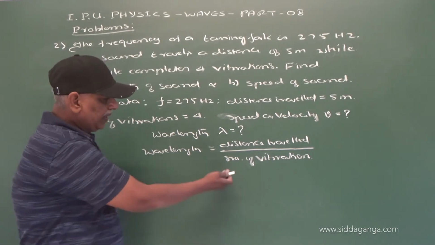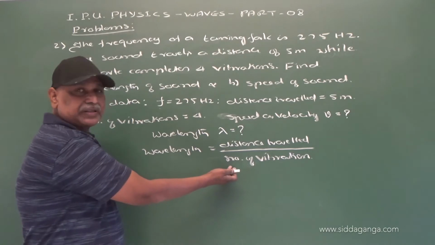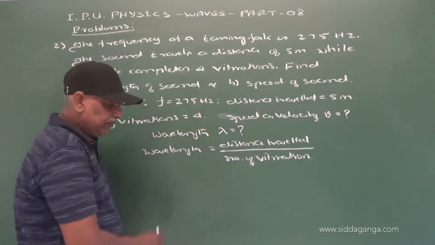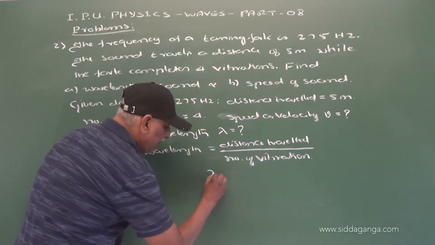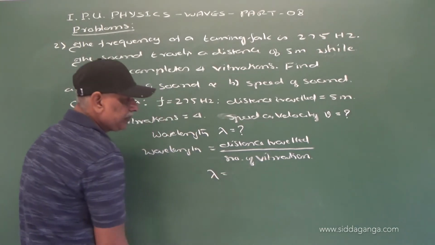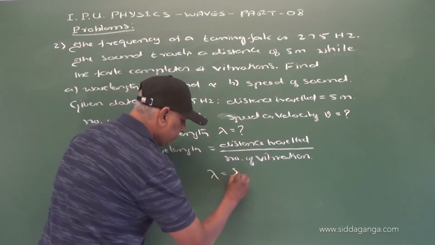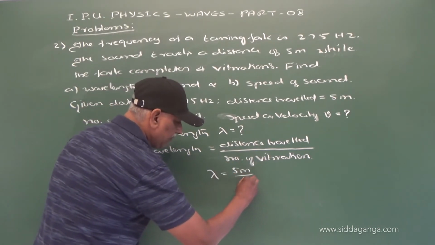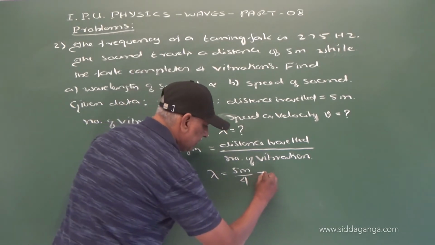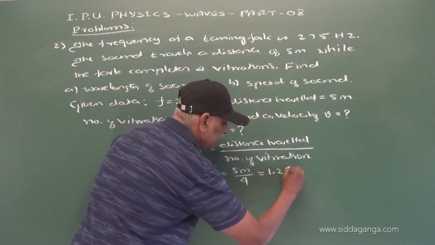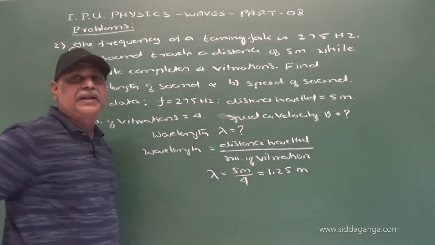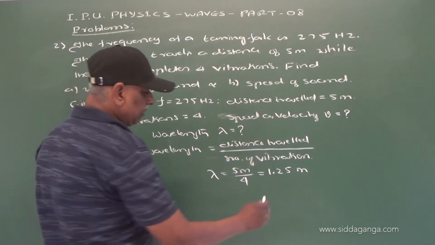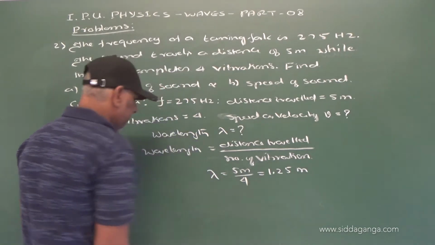When number of vibration is equal to 1, distance travelled is equal to wavelength. Now lambda is equal to distance travelled 5 meter divided by number of vibration 4, that is equal to 1.25 meter. So we have found the wavelength of the wave, it comes out to be 1.25 meter.